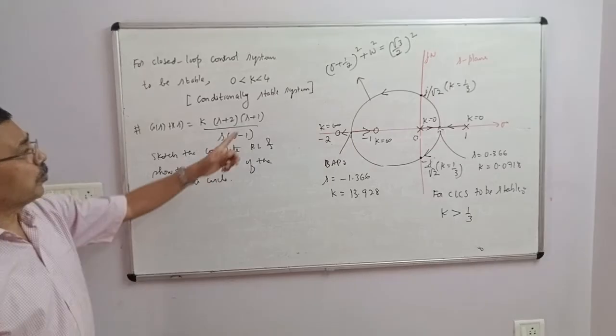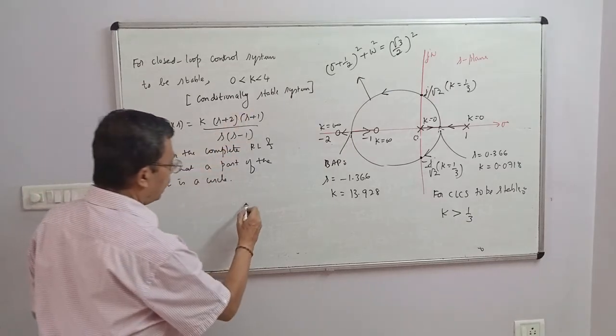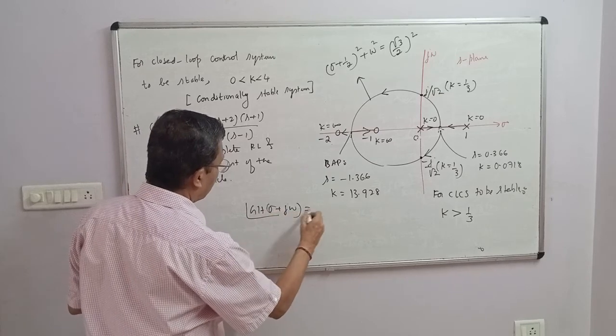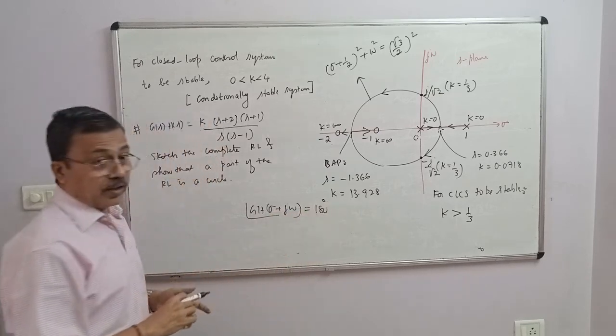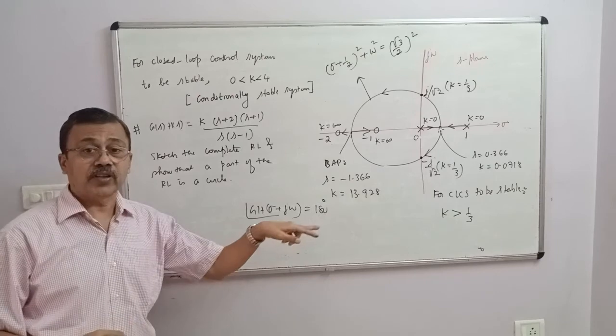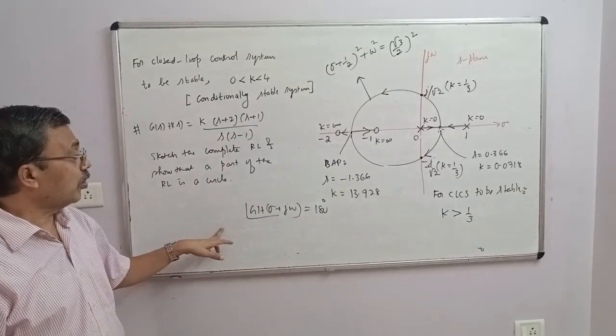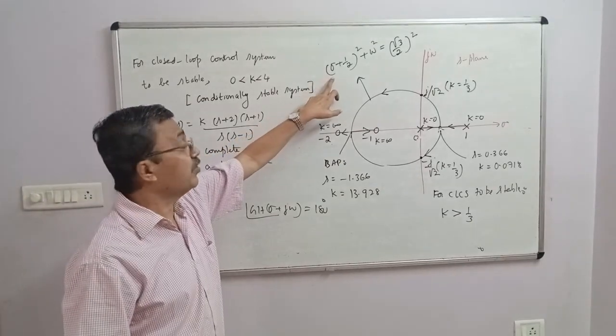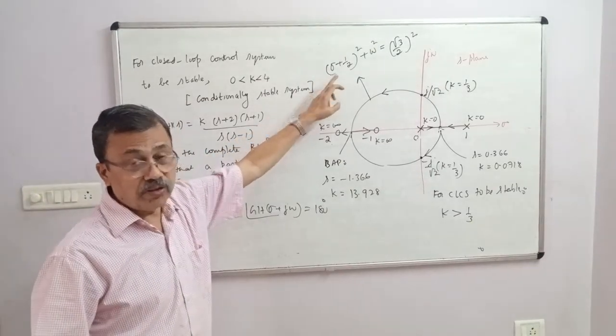I have done that in one of the problems. Please go through. What I mean is the angle of GH of sigma plus j omega must be equated to 180 degrees. Then you have to use the formula tan inverse x plus tan inverse y is equal to tan inverse of (x plus y) by (1 minus xy), and simplify. You will get this equation. I have done this in one of the problems. Please do it. Thank you.